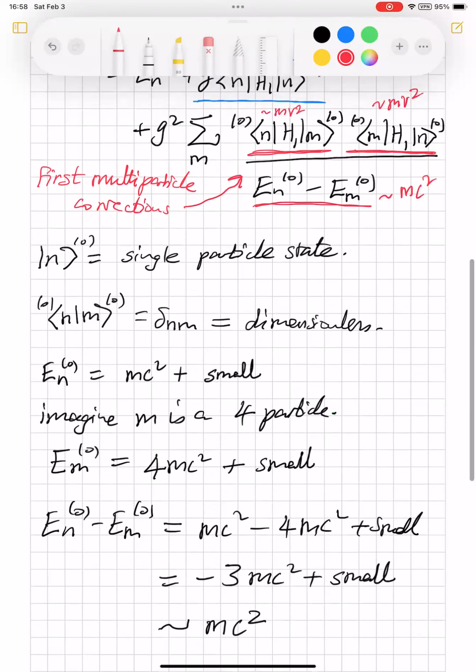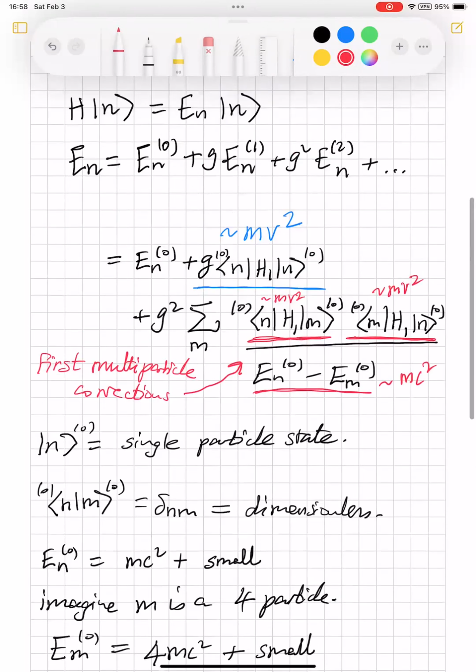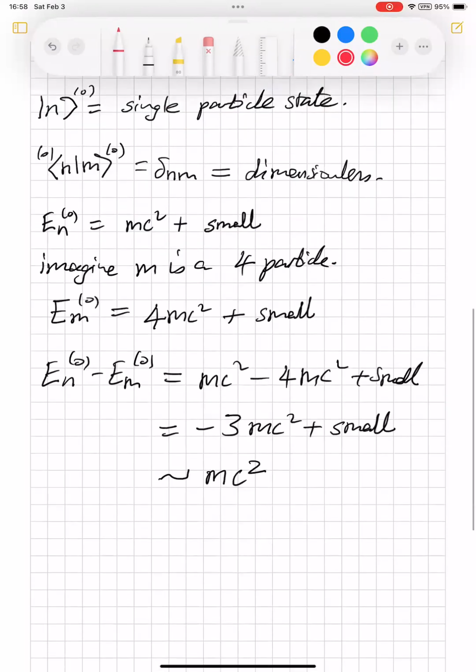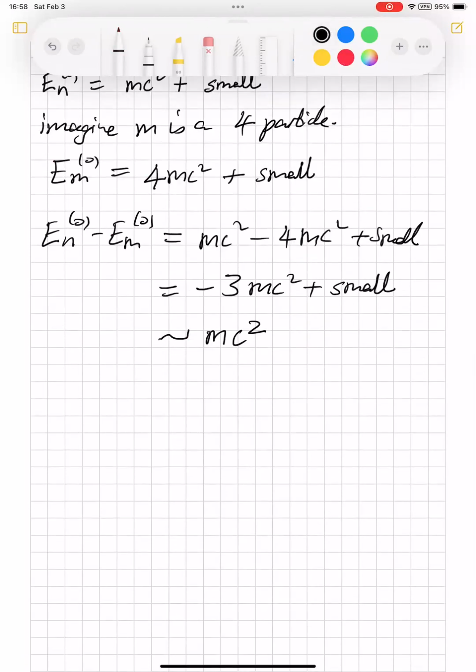Now I want to summarize these sizes for our term En. When we look at En, the single particle terms took the form of mv squared. And then the multi-particle corrections looked like mv squared times mv squared over mc squared.